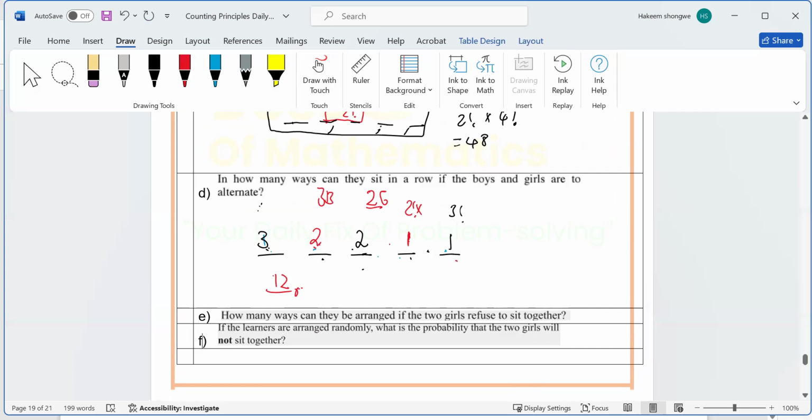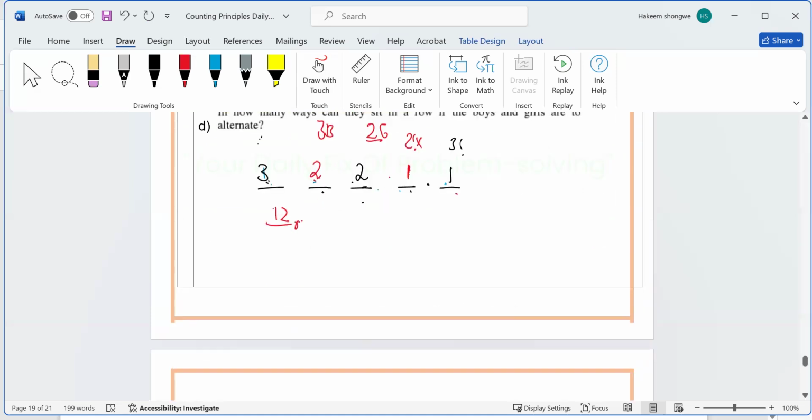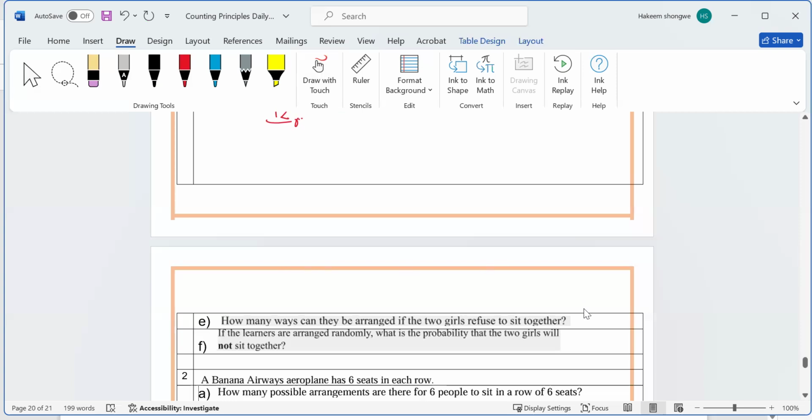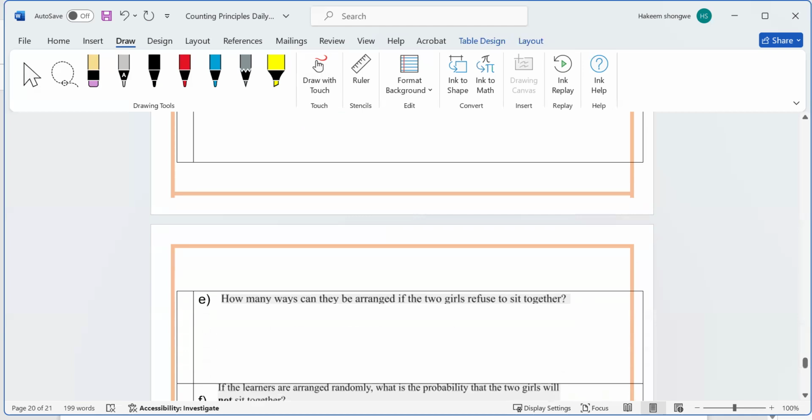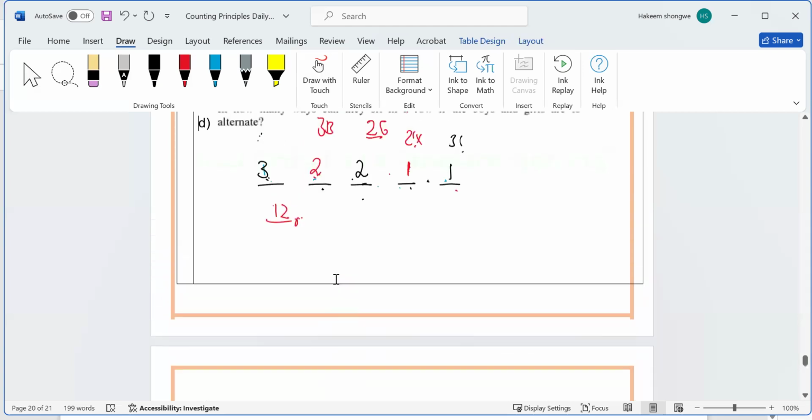Okay. How many ways can they be arranged if 2 girls refuse to sit together? Yes, they don't want to sit together. And then it had to be girls not sitting together. So instead of doing the not, let's do the girls sitting together. And then we already know in how many ways can the girls be seated together. We did it at the top here.